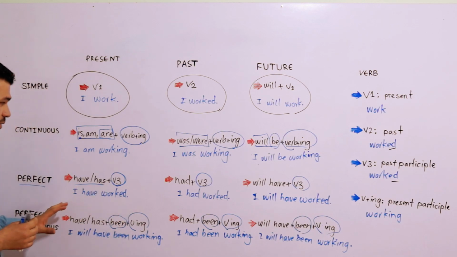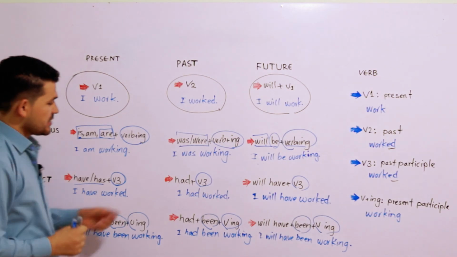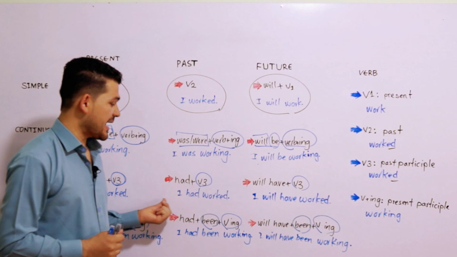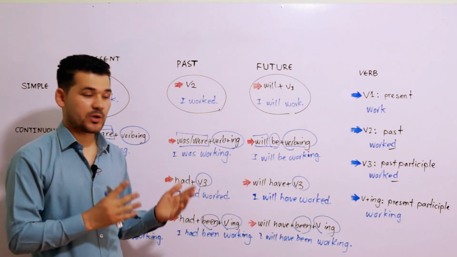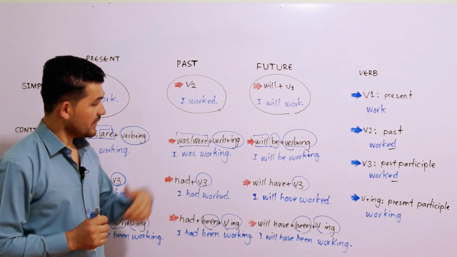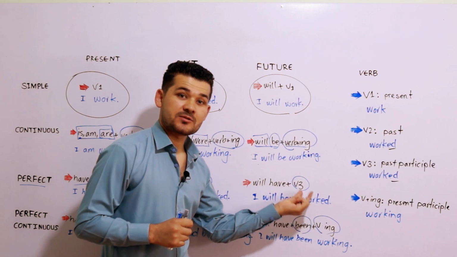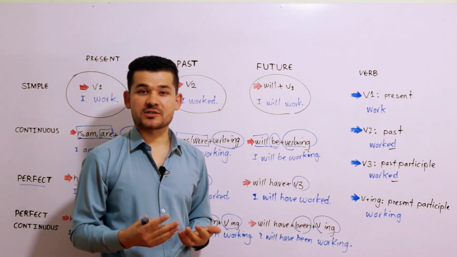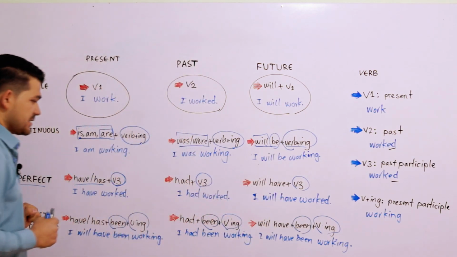And past perfect: what is the past form of the to have verb? That is had. I had worked. You had worked. They had worked. And with future perfect, we have will have plus the third form of the verb. I will have worked. You will have worked. They will have worked. So these are all the perfect tenses.